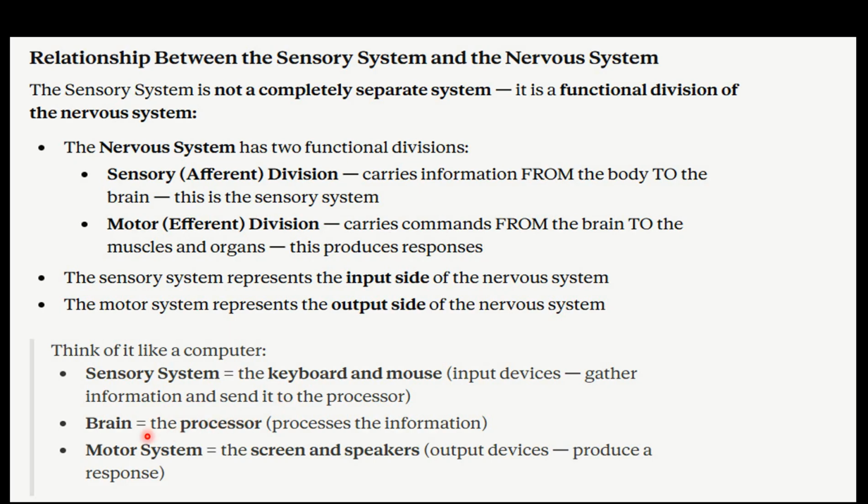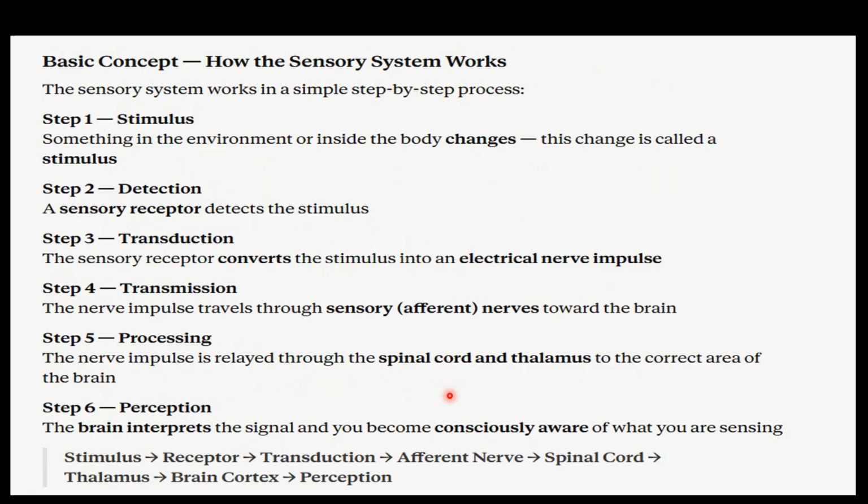Similarly, here we send the information to the brain. So the brain is the processor that processes the information, and the motor system is the screen and speaker through which we get the output. Because the brain produces the response and we see it, monitor it, through the motor system. Clear? Now we will see how the sensory system actually works.